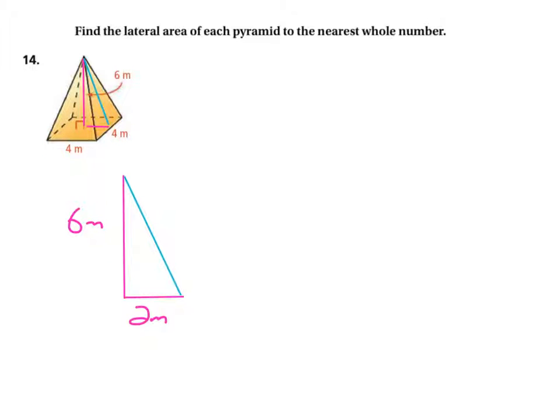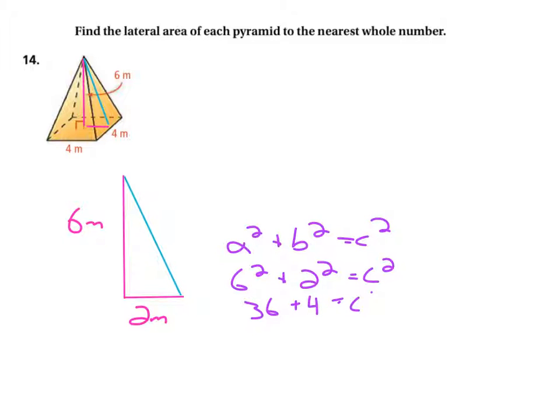So we can say a squared plus b squared equals c squared, or 6 squared plus 2 squared equals c squared. 36 plus 4, 40. So this is really c is equal to the square root of 40. We could simplify it, but it's not really necessary at this point, because we're just going to use that number. That's going to be equal to our slant height, and that's all we need to worry about.